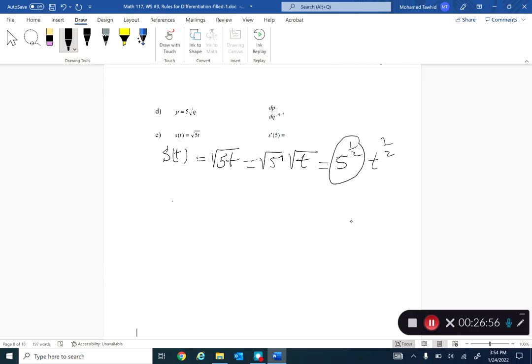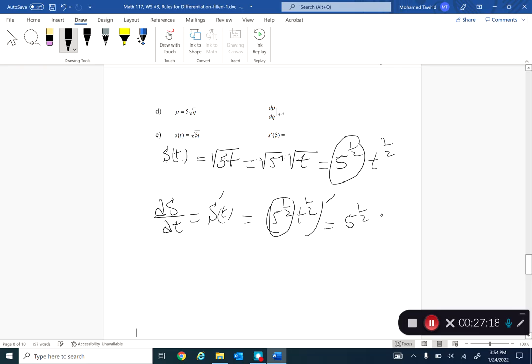So remember, ds by dt. Your s is a function in t, so the derivative with respect to t, or you can write it as s prime of t, the same. If I take the derivative of this, 5 to the power 1 over 2 is a constant. I can grab it outside of my derivative. And then what is inside?